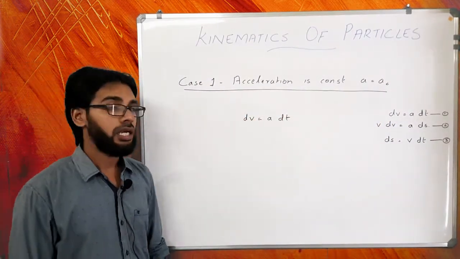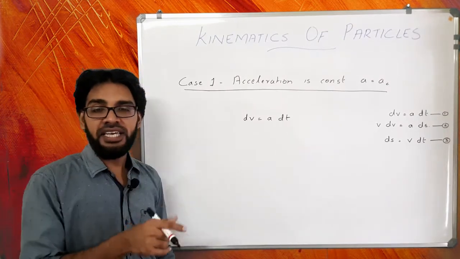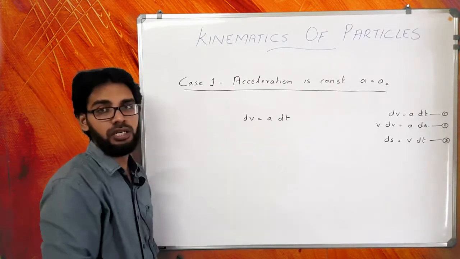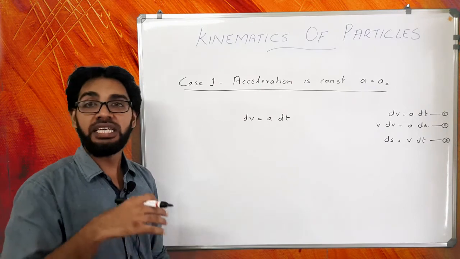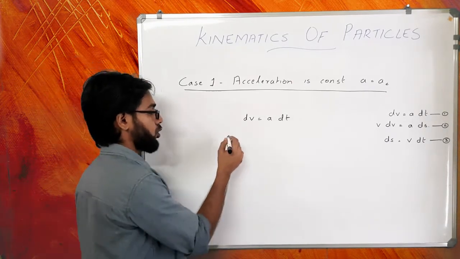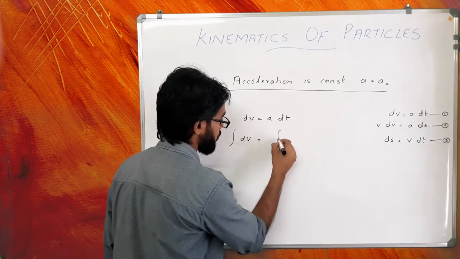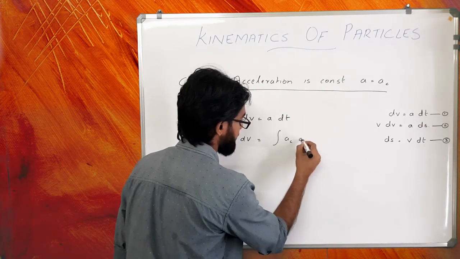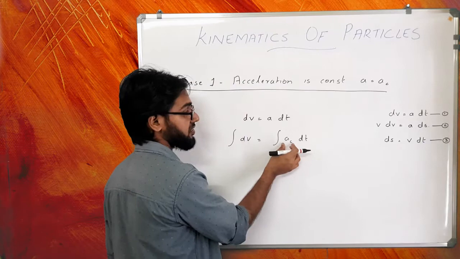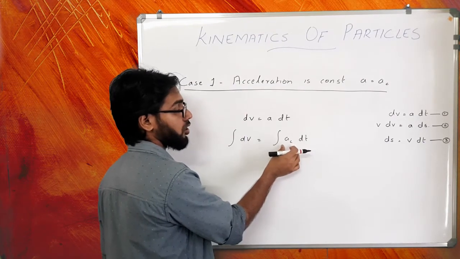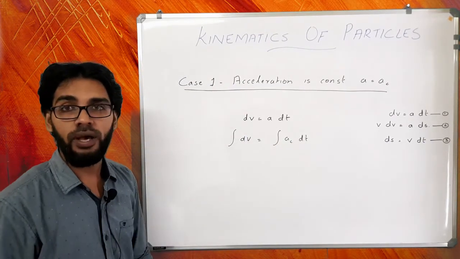Now, I can integrate this corresponding function. Assume I am integrating using definite integrals. So, if I integrate it, I'll have dv equal to AC dt. I am using AC since A here is constant. It's a constant value.